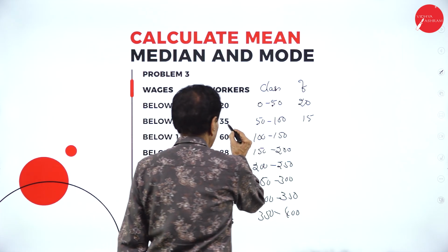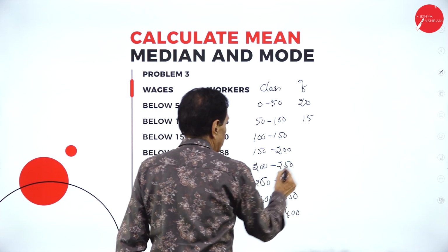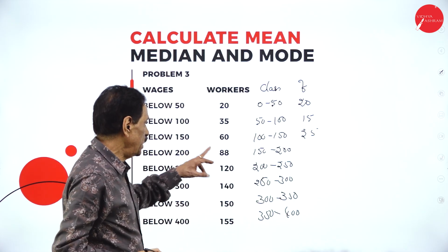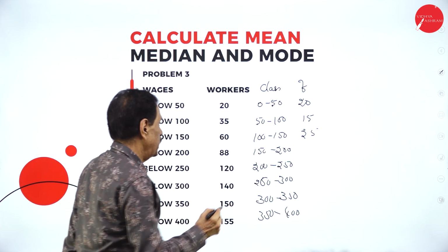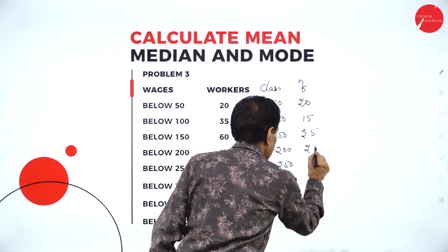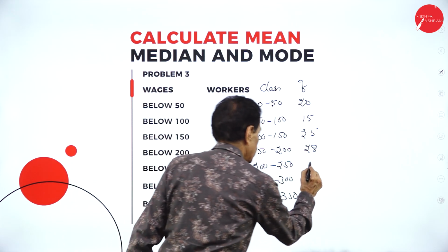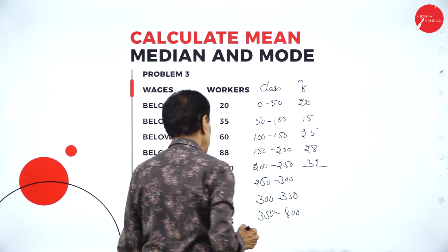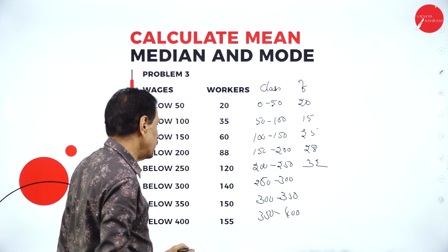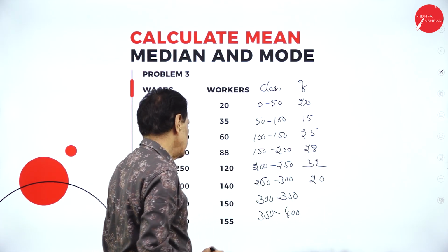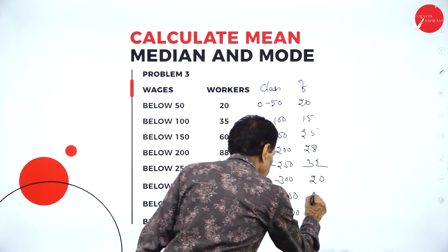Then this is 35 plus 5, 40. 25. Then 60 to 88, 28. 88 to 120 is 32. 120 to 140, 20. 140 to 150, 10.